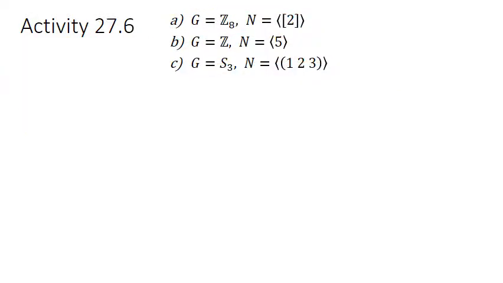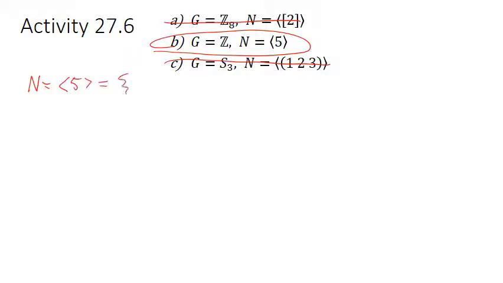Okay, so for part B, this one is kind of equally easy because the group is abelian actually. But let me just write out what the group is first of all, so you know what we're even talking about here. It's all the integer multiples of 5.